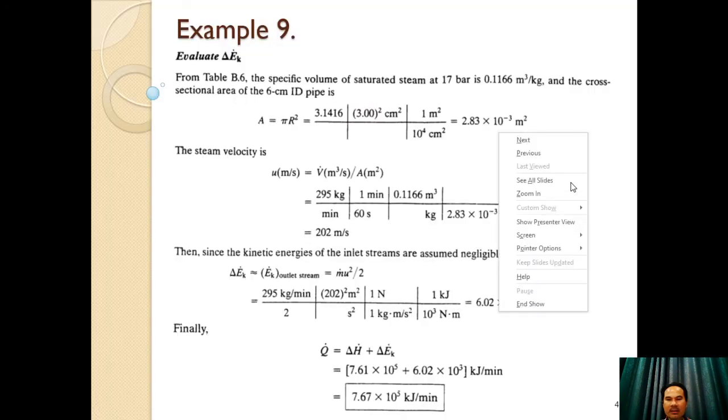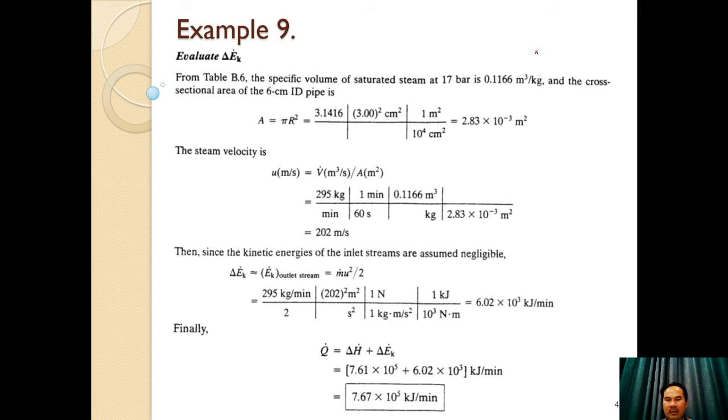This is the specific volume of the steam output. You multiply the specific volume with the mass rate, which is kilogram per minute. You multiply by cubic meter per kilogram, kilogram cancels, and then you get cubic meter per minute.